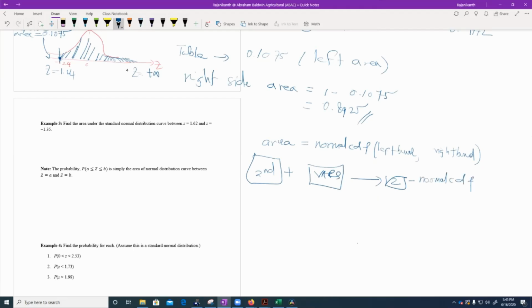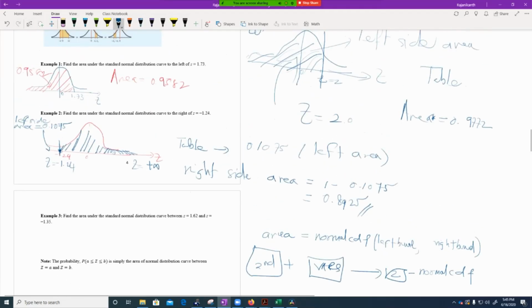So now if you look at the area I want here, we are looking for the right side area to the point negative 1.24, right? If you look at that area, there are always two bounds. The left side of that area is bounded by negative 1.24, but the right side is going all the way up to the positive infinity.